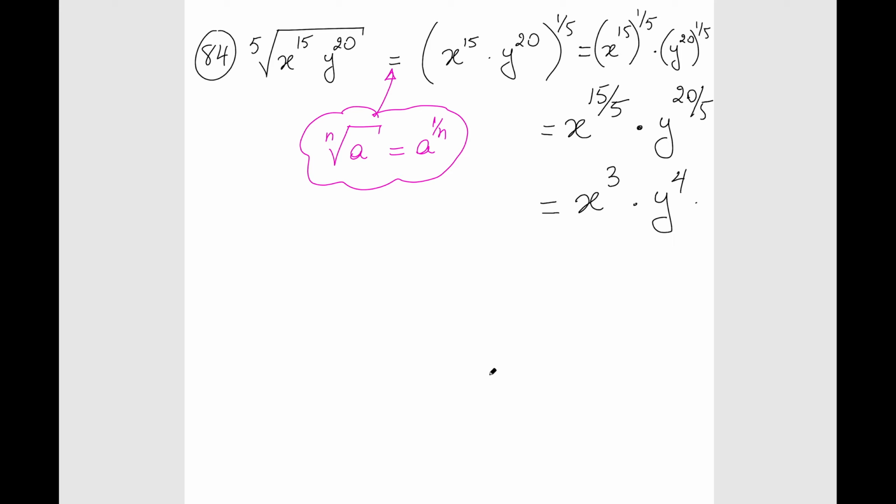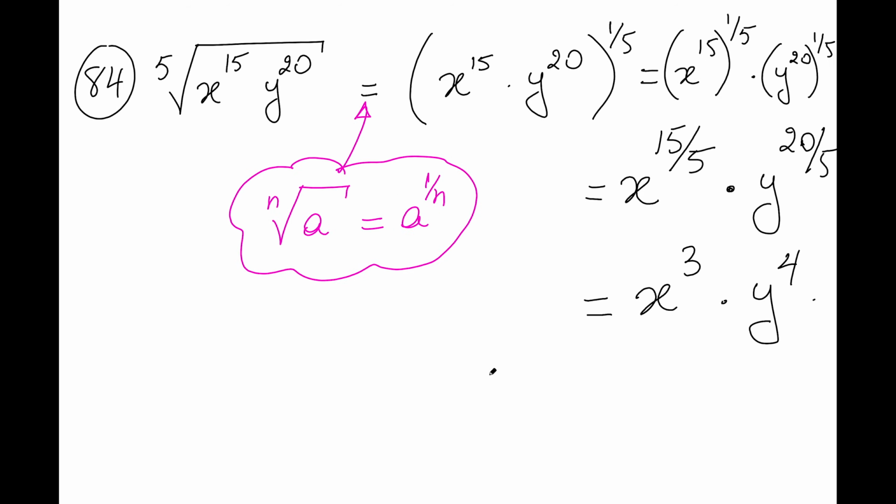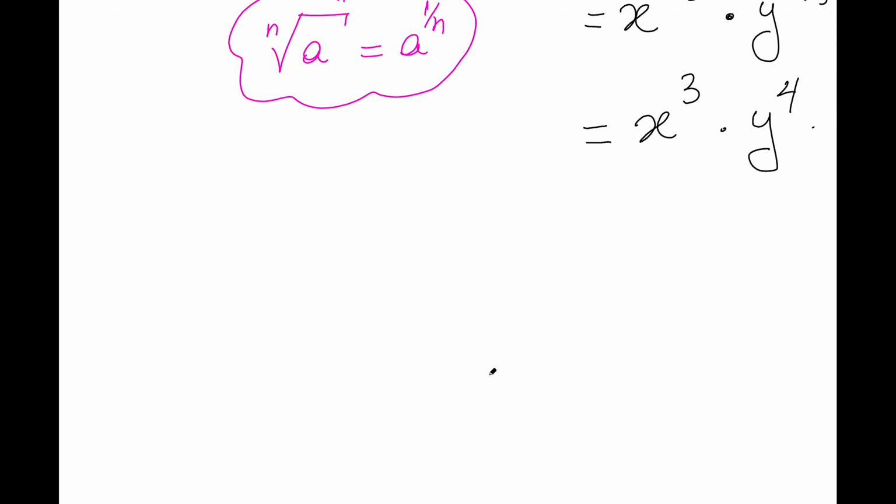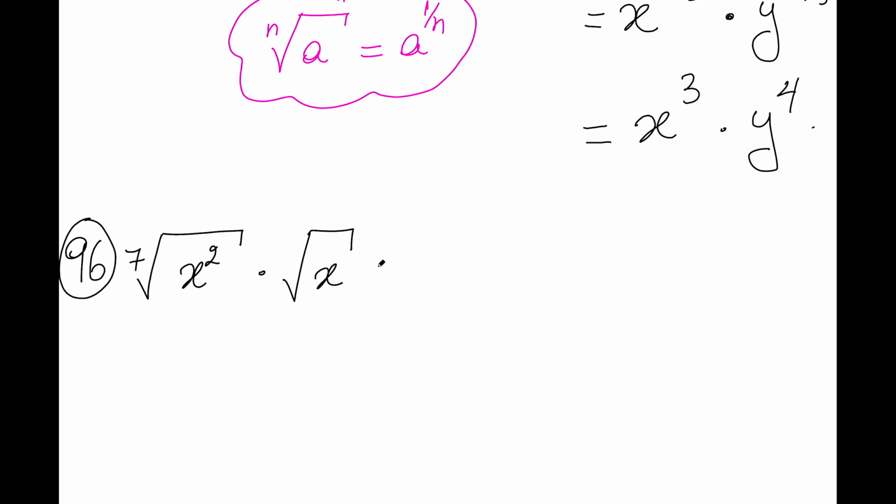This was 84. Let's do 96. Seventh root of x squared times second root of x, or square root of x. All right.